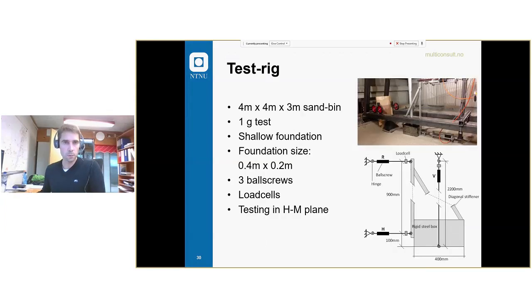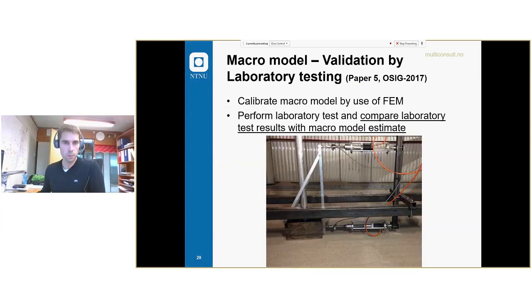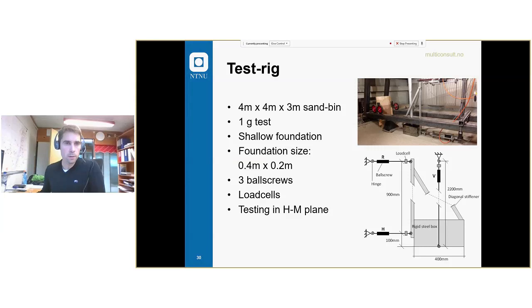The test rig itself, you can see it also on this picture, is a steel frame fixed to the edge of the sand bin. Then we have our model foundation, our prototype foundation, this steel box. It's 0.4 meters by 2.2 meters. The sand bin itself is 4 by 4 by 3 meters, that's 3 meters deep.